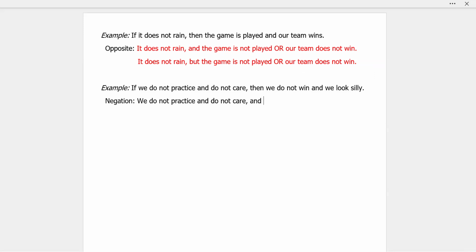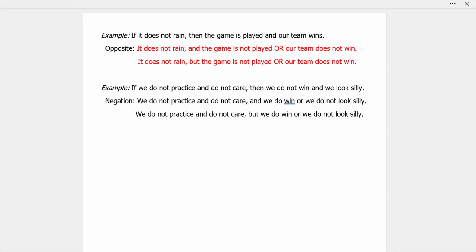And or but, we do win or we do not look silly. Okay, so again, the hypothesis stays the same. We do not practice and do not care, but we do win or we do not look silly.